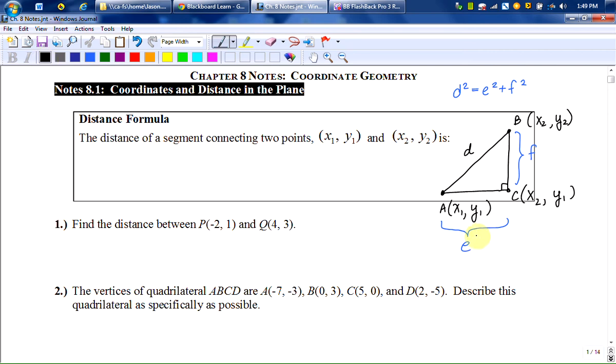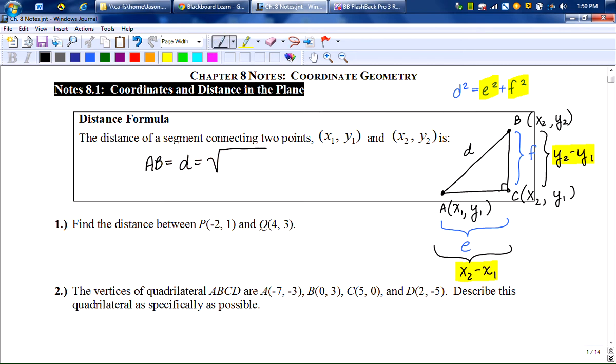What we also can say is that this distance, which we called E temporarily, is also the difference between the x coordinates, and this distance, which we had called F for a minute, is the difference between the y coordinates. So we're going to take these values here, and we're going to plug them into Pythagorean Theorem, and we'll square root it in order to solve for D, otherwise known in the picture as AB.